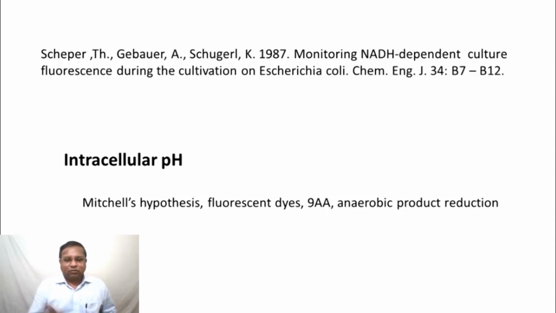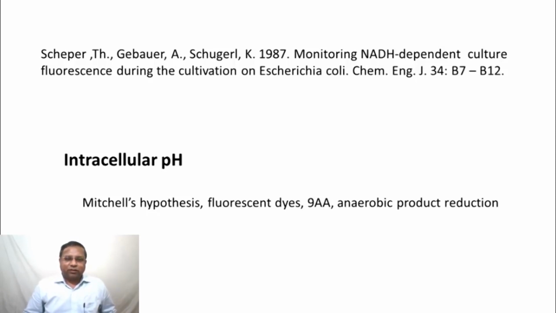These dyes could leak out, so we used a dye called 9-aminoacridine, which is a weak base whose distribution depends on the difference between the extracellular and the intracellular pH. These processes take place across the plasma membrane in lower organisms such as bacteria. So that is what we were using.